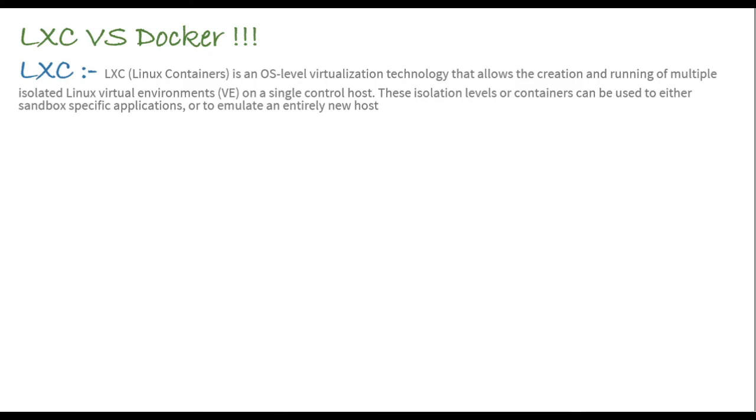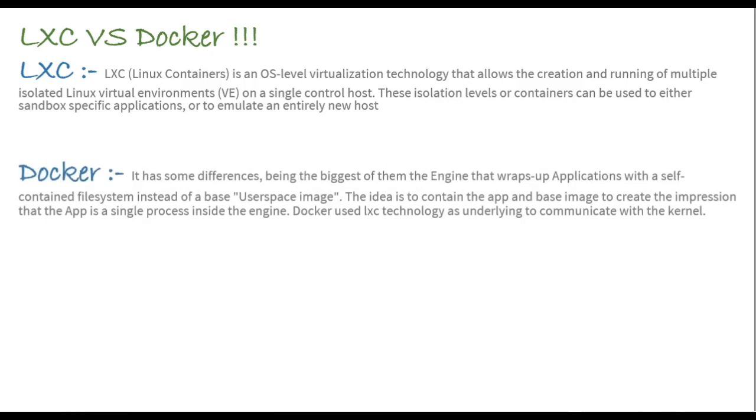These isolated environments or containers can be used to either sandbox specific applications or to emulate an entirely new host. Whereas Docker has some differences, the biggest of them being the engine that wraps up the application with a self-contained file system instead of a base user space image. The idea is to contain the app and the base image to create the impression that the app is a single process inside the engine.